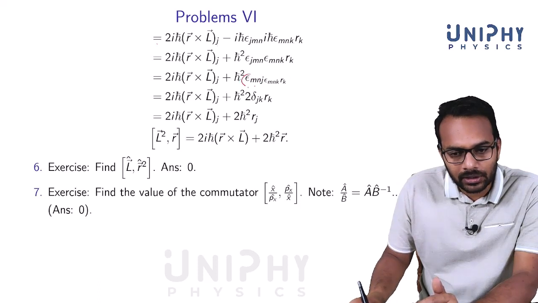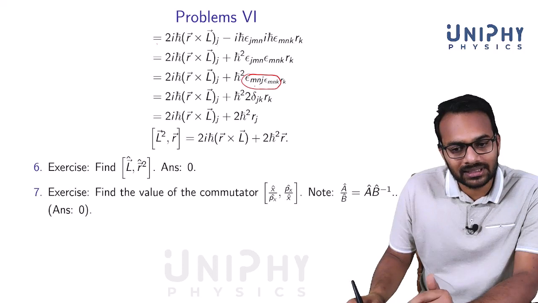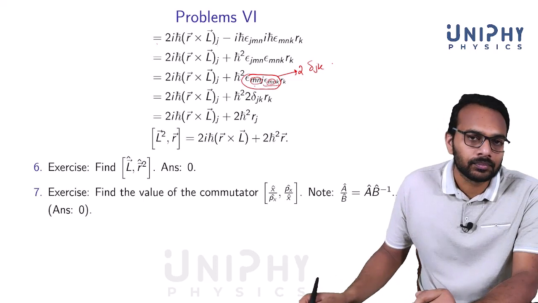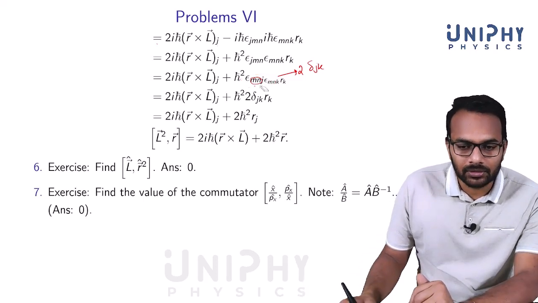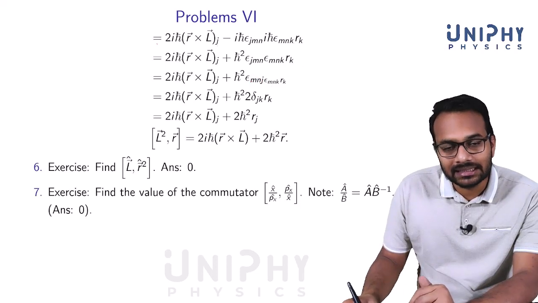Why do I write like this? Because I already know this relation. What's epsilon mnj, epsilon mnk when the first two indices are the same and the third is different? Then it is simply 2 delta jk. It's one formula that we discussed just before. You don't have to take the trouble of deriving it. It's easy to remember.